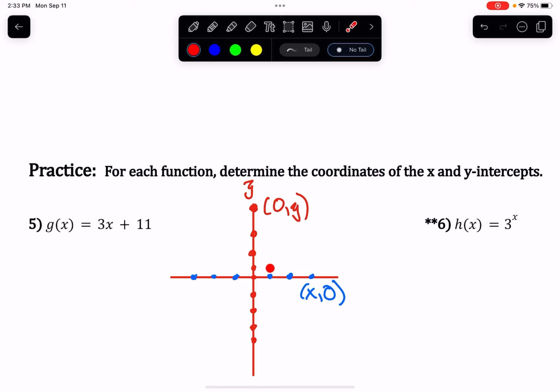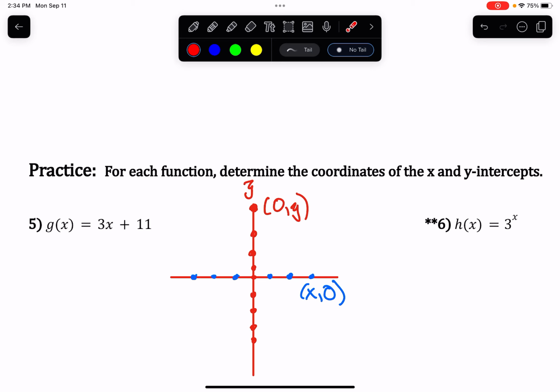Because if I did, I would be leaving the x-axis. So every point on the y-axis looks like this. And every point on the x-axis looks like this. So you'll have a 0 in the other coordinate.